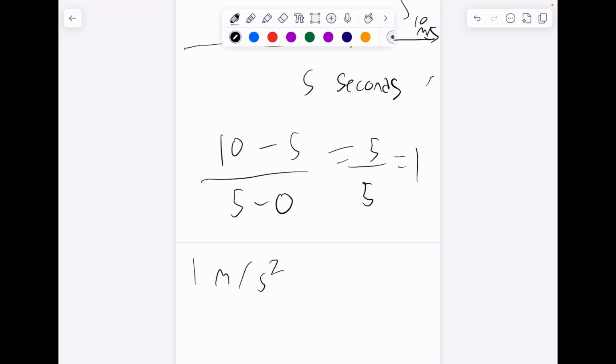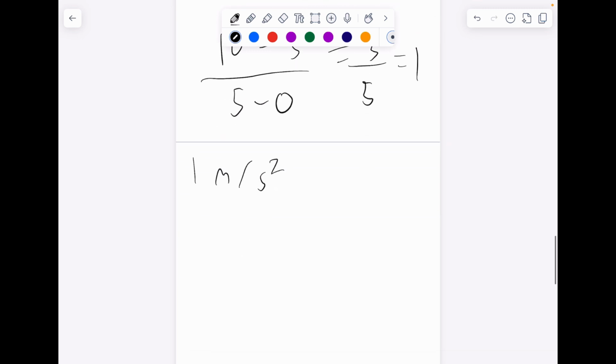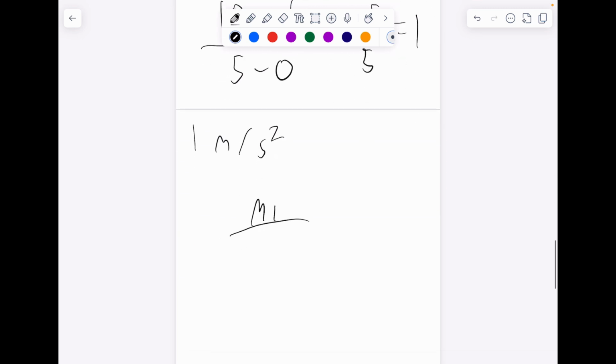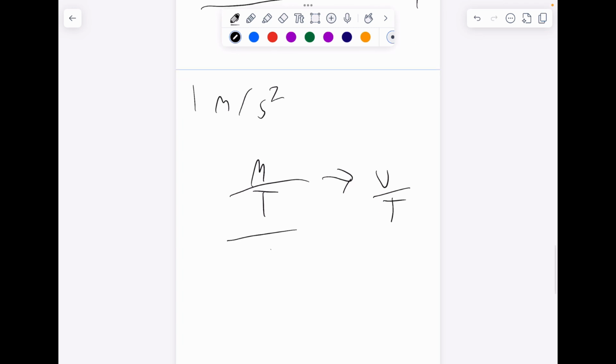That is my acceleration. And you can see this because we are moving a meter, and then we are dividing by some time to find velocity, and then we're dividing that by t, so we must also divide this by t. So then you get meters per second squared, or L over t squared by dimensional analysis units.